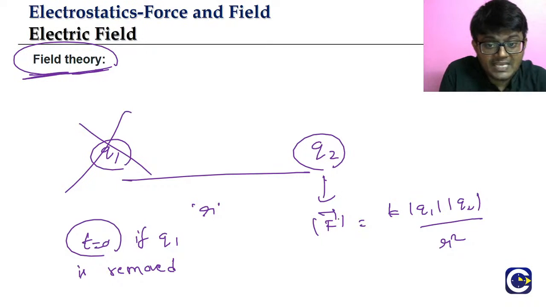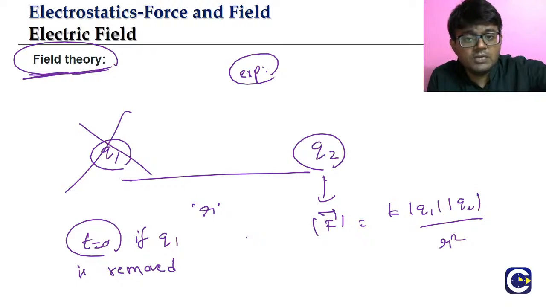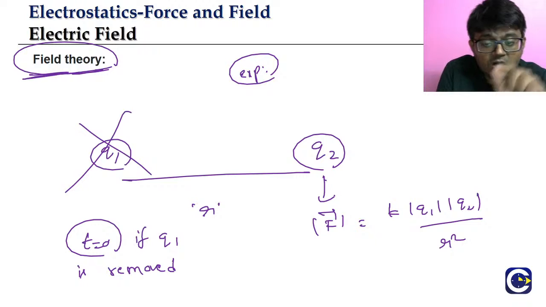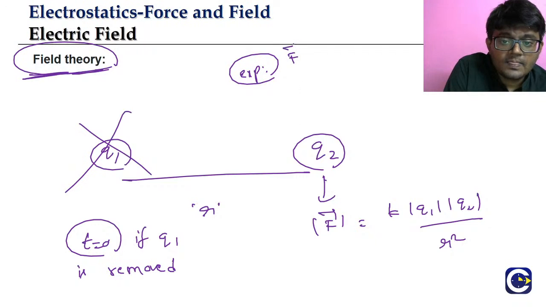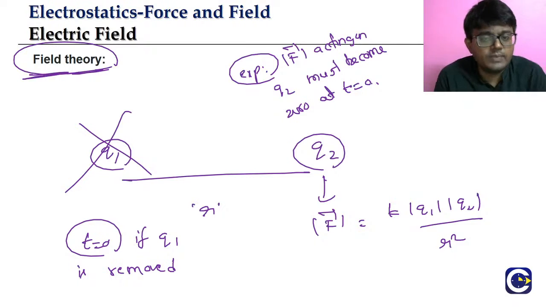After we remove q1, the force acting on q2 must become 0 at t is equal to 0. It should become 0 right at that instant, because the moment we remove q1, the force acting on q2 must be 0.